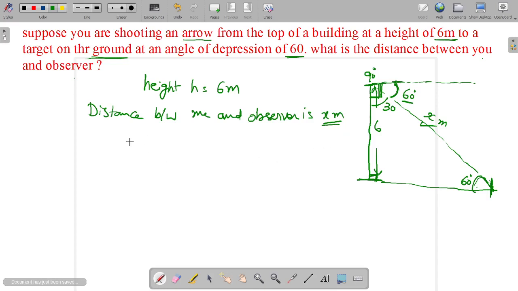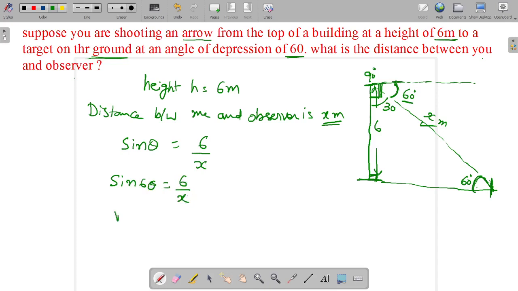So this is an application of sin theta. Sin theta is equal to opposite side by hypotenuse. Sin 60 is equal to 6 by x.